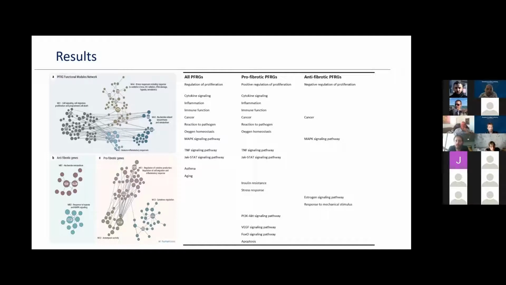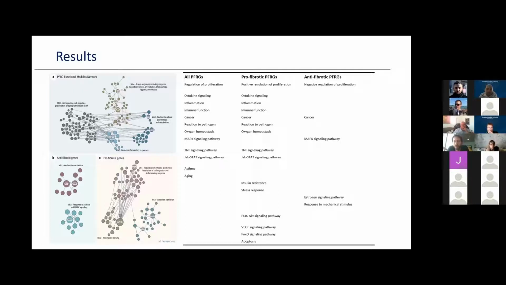And the interesting thing we found, except for the fact that we found interesting pathways that are enriched in fibrosis, the most interesting thing we found is that, first of all, both the pro-fibrotic list and the anti-fibrotic list form networks, protein-protein interaction networks.